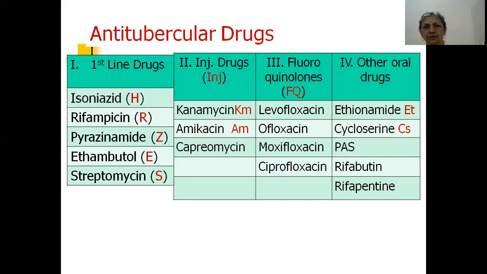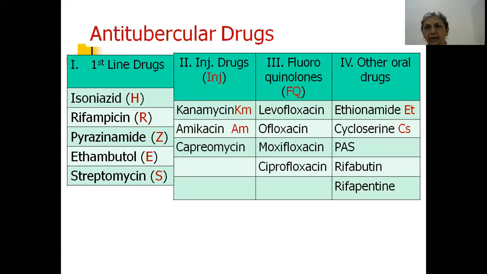And now, because of emergence of resistance, second-line drugs have also been defined as components of the treatment regimen for resistant tuberculosis, in which we have Group 2, which includes injectable drugs. Group 3 includes fluoroquinolones.